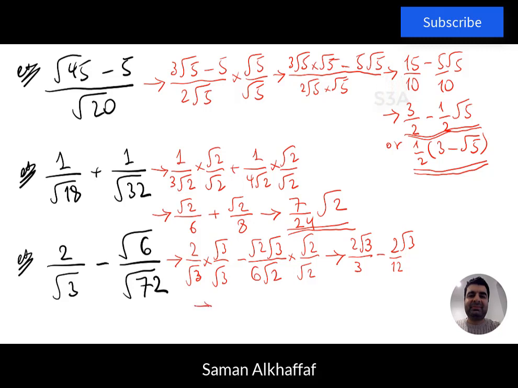So in this scenario we would have 2 over 3 root 3, take away 1/6 root 3, which can be simplified to half root 3 as the final answer.